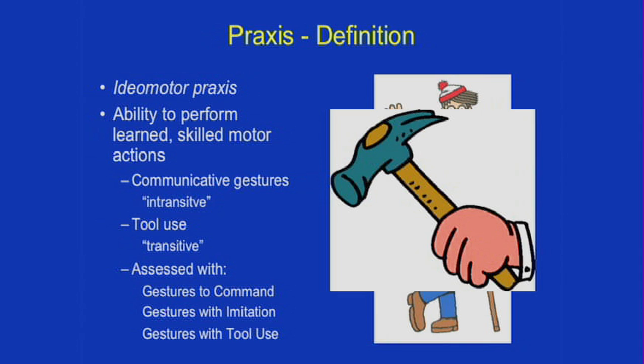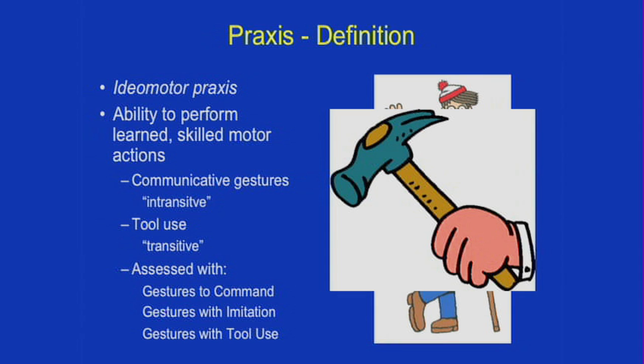People who have dyspraxia have impairment in the ability to perform these kinds of skilled actions. It's generally assessed by looking at their ability to perform these gestures to command, with imitation and with the actual tool use, in some of the data that I'm going to show you over the next few minutes.